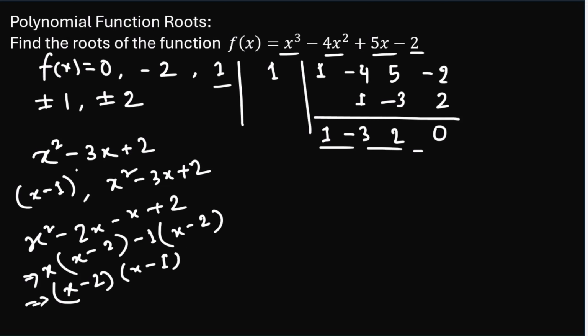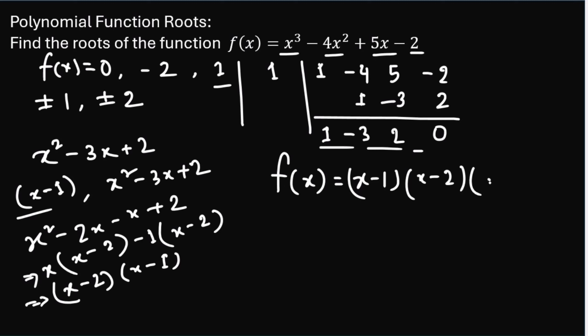So already we have got the first factor x minus 1, and here also x minus 2 and x minus 1. So f of x equals x minus 1, x minus 2, and also x minus 1. So now we can simplify the equation: x minus 1 whole square, x minus 2. So here we have already considered f of x equals 0.